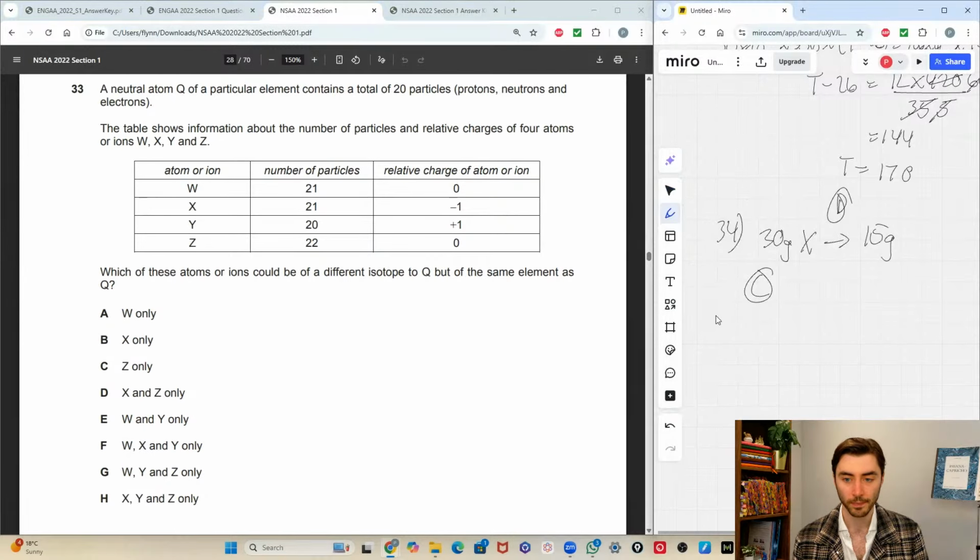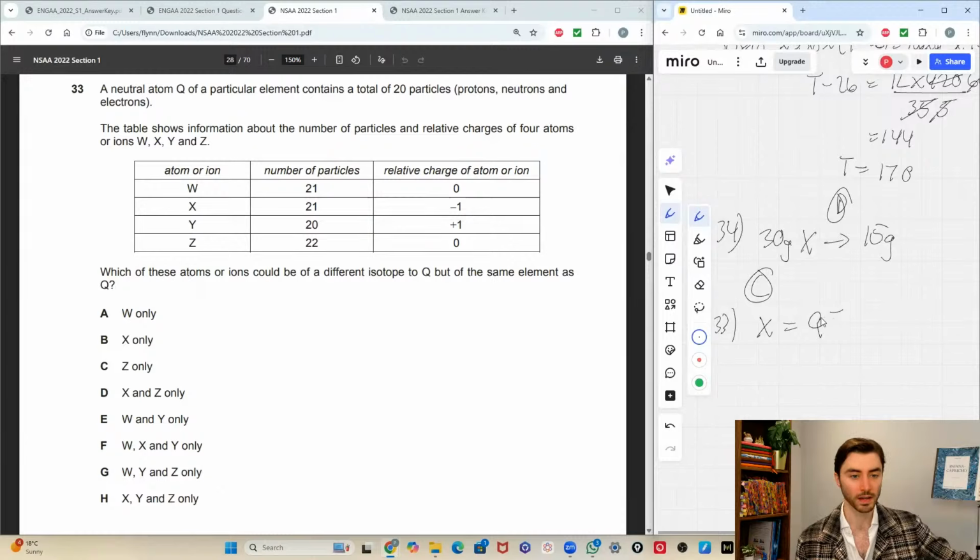Cool. So 33. 20 particles, electrons, 4 atoms. Which of these could be of a different isotope to Q, but the same element of Q? Okay. So X: you added charge to that, so X could be equal to Q minus.